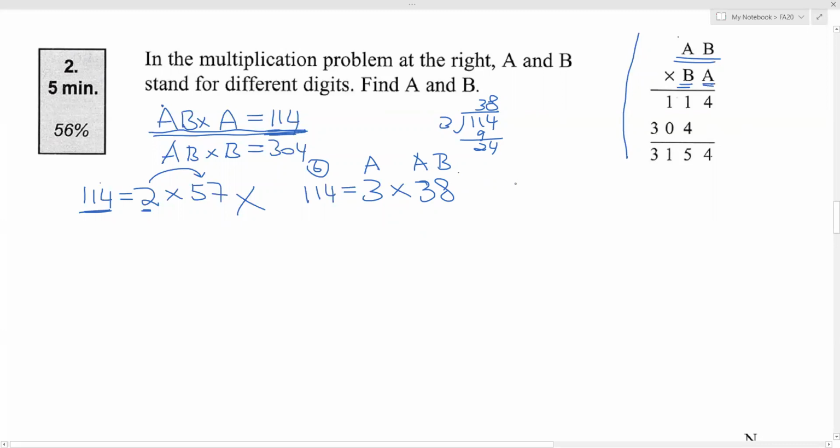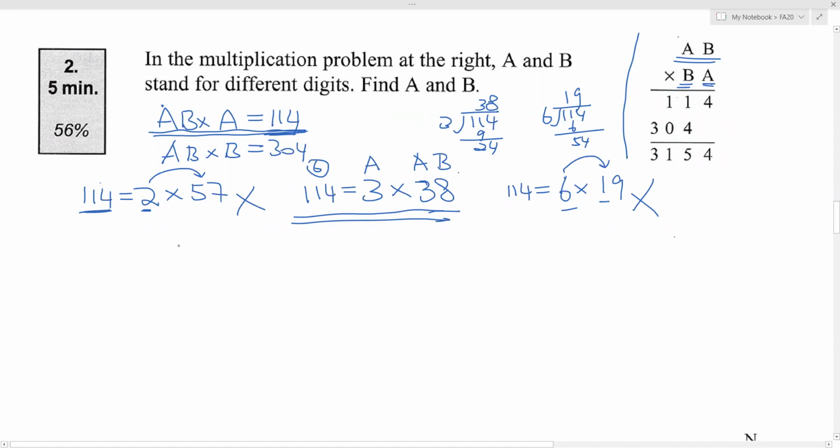Another possibility is that 114 could be divisible by 6. So 6 and 19. But again, 6 does not appear at the tens place, so this one is also out. So if you have tried 3 and 38 first, then you got it, and you can finish this in 30 seconds.